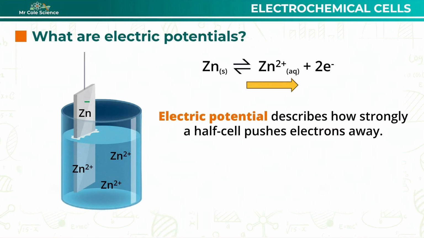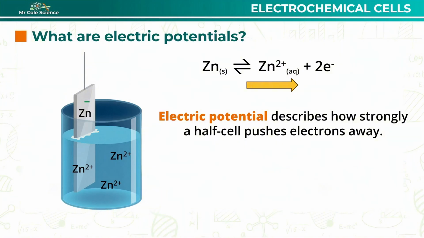If we take our zinc half cell, we've already said that the position of the equilibrium lies further towards the side with the ions and electrons, and that this leads to a greater or more negative electric potential, i.e. it leads to a situation where the half cell is trying to push electrons away more. But why is that the case?